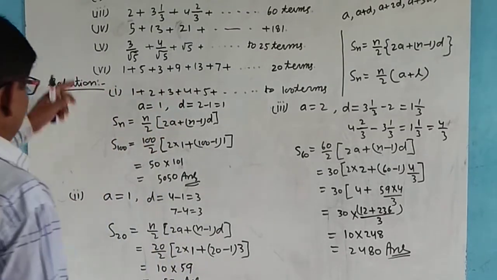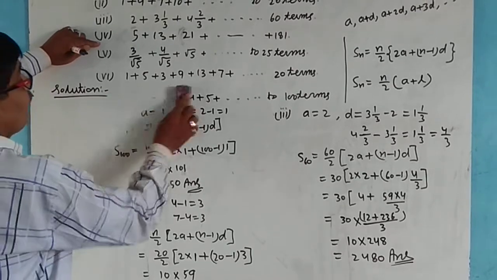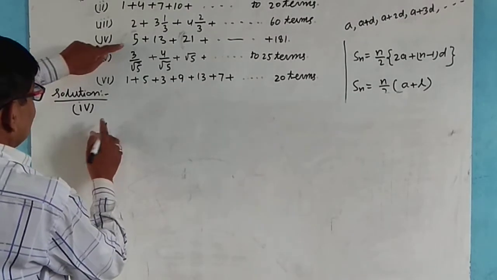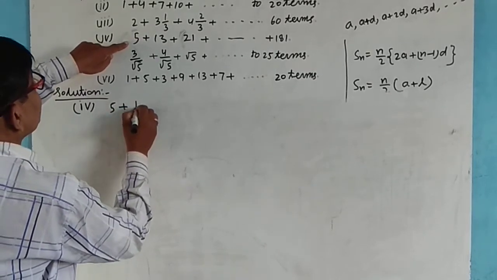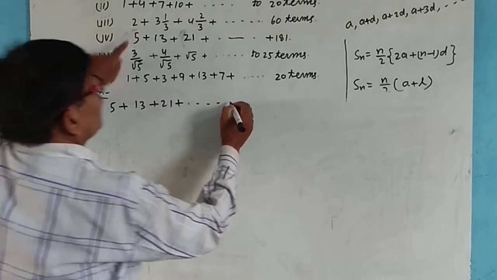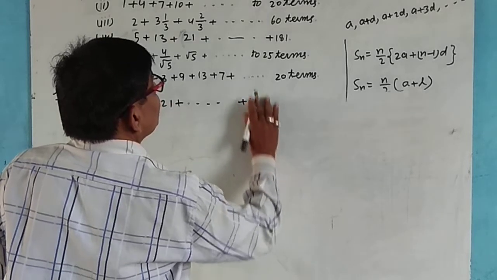Now we see question number 4 here. Now fourth problem here. 5 plus 13 plus 21 plus dot dot dot, last term 181.